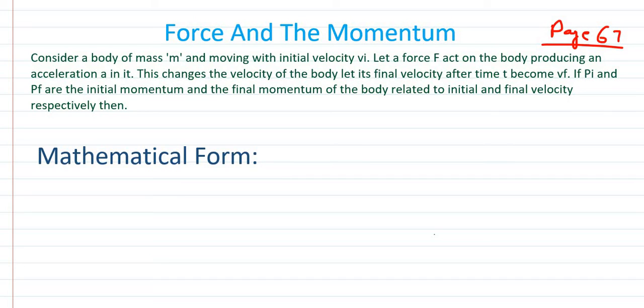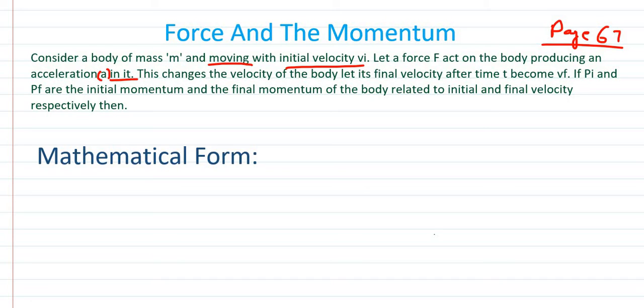Consider a body of mass m and moving with initial velocity vi. You know that a body having mass m, when it starts moving, then this velocity is called its initial velocity. Let a force act on the body, producing an acceleration a in it.